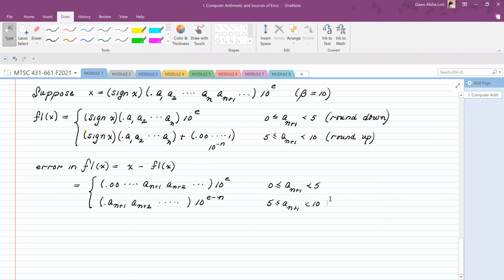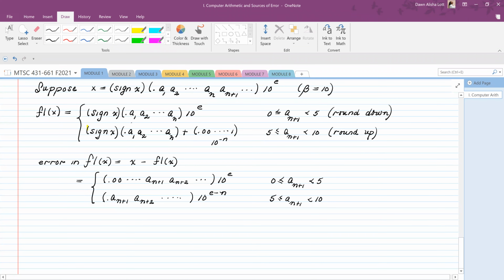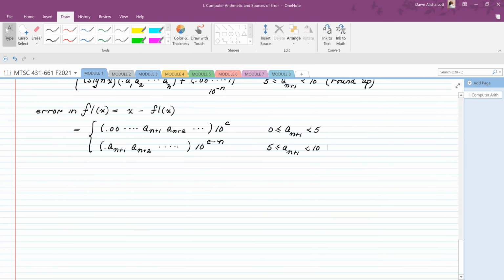So in general, when we look at the absolute value of that error, that is equal to the absolute value of x minus FL of x.